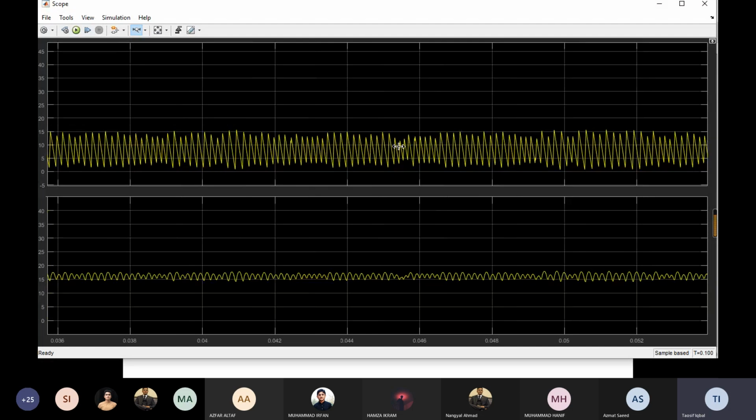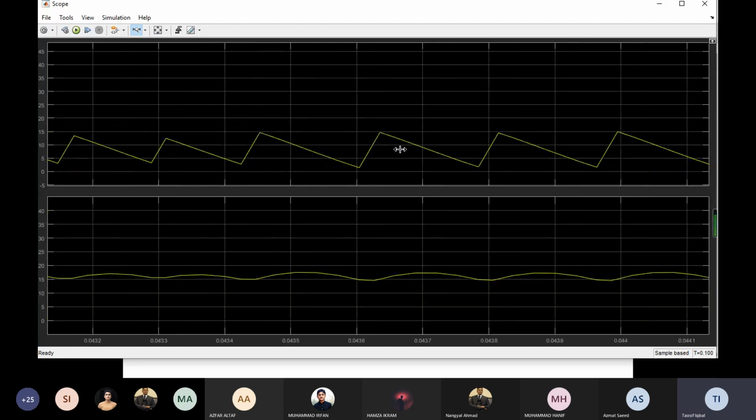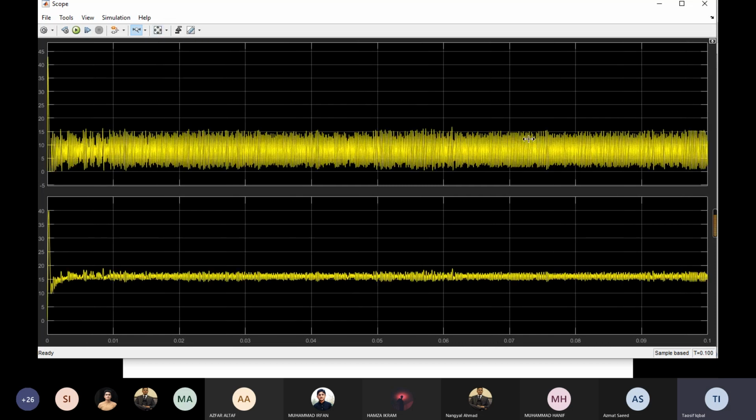So in this, you can see the voltage ripple is even worse. Current ripple is even worse. It is more than 10 amperes, although it's still stable, but the ripple is even higher.